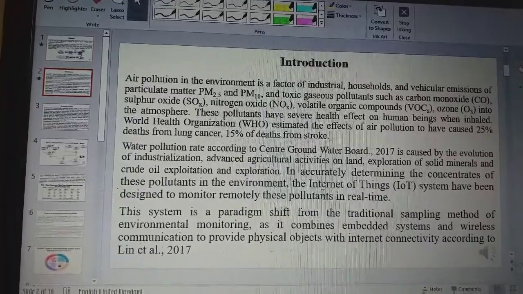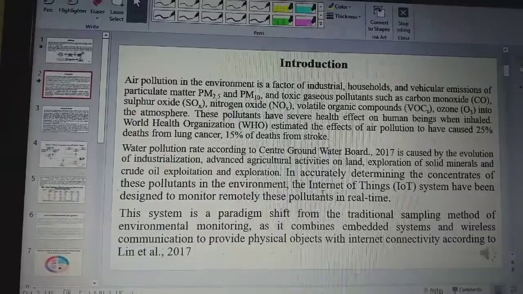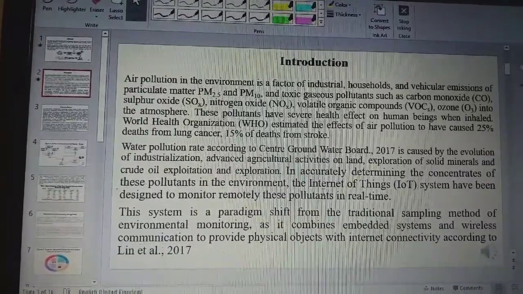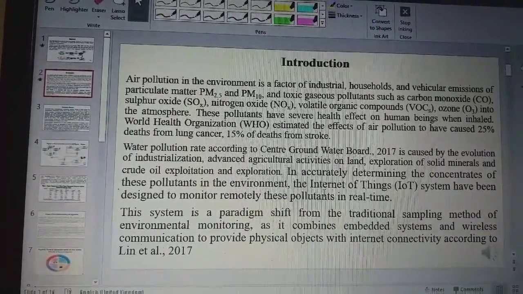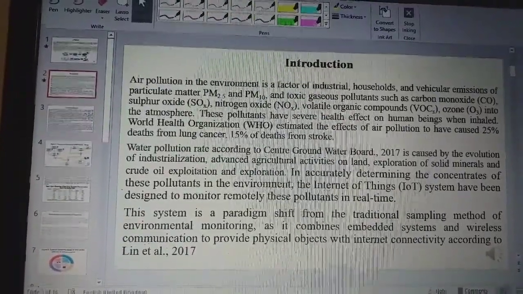So the introduction here will talk on what air pollution is about, their effects on humans when it is inhaled. It causes deaths from lung cancer, from stroke, and all of that.